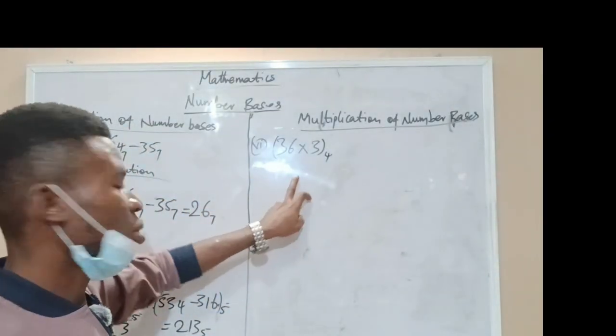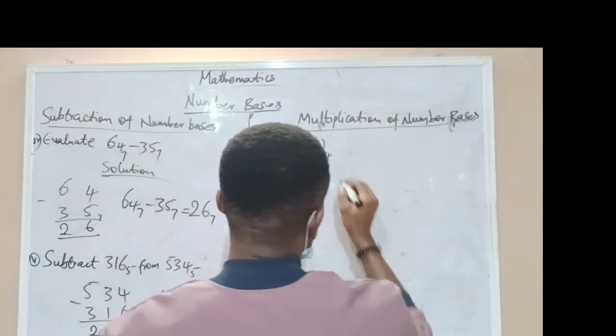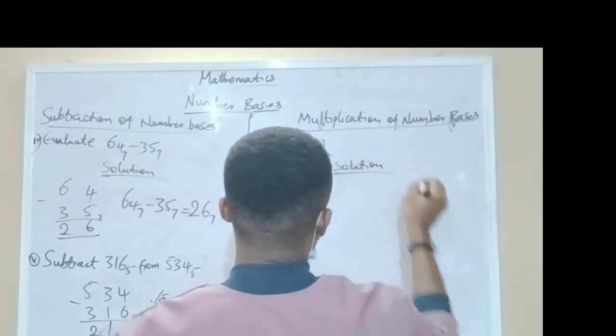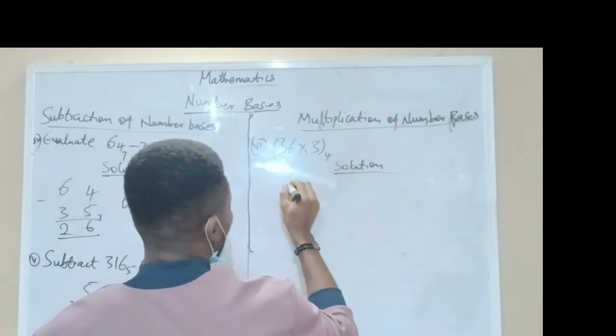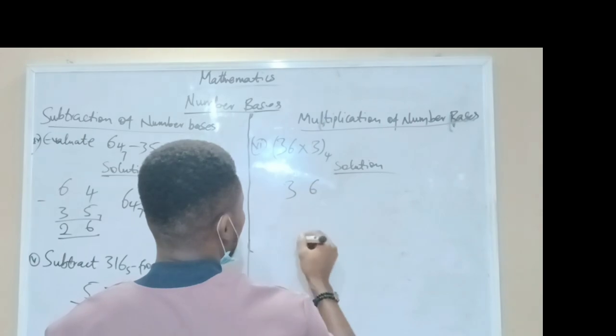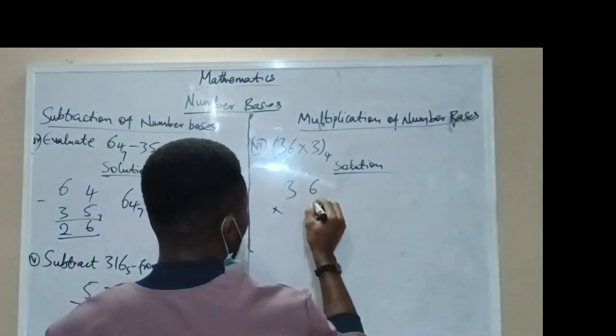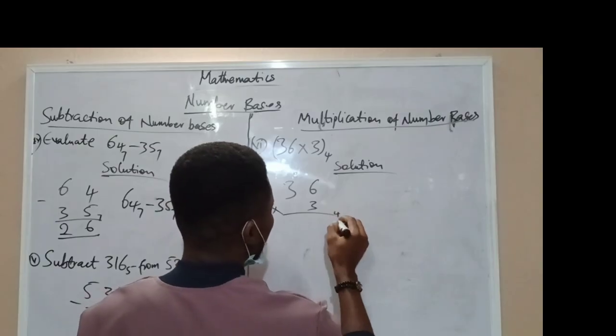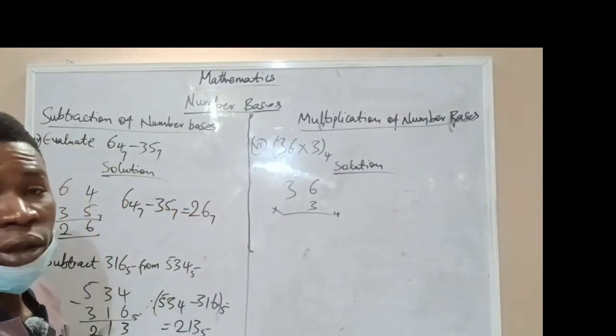Now you should solve this one. Okay, this is 3, 6 and multiply by 3. Remember, we are dealing in base 4, so don't forget. Base 4.